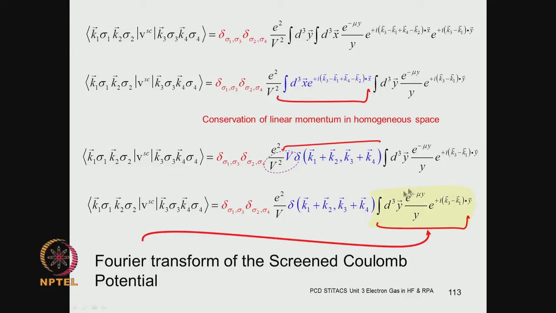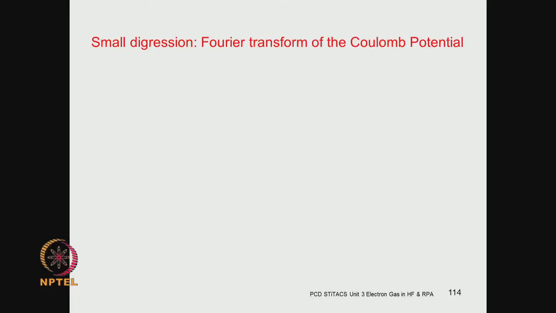And here you see that you have to determine nothing but the Fourier transform of the screen Coulomb potential, and that is something which you would have probably done in your mathematical physics course. Okay? So this is just the Fourier transform of the screen Coulomb potential, and I will not do it in any detail because I assume that you are familiar with this, but I will just show the path of how it is done very quickly without getting into too many details.